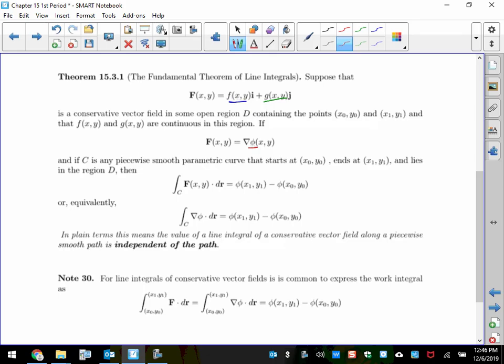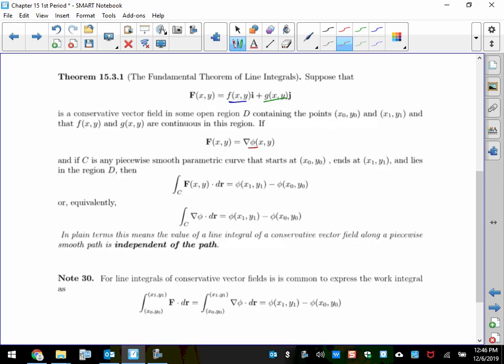So we've got phi as the potential function whose gradient is our field, and some curve that's piecewise smooth, C, and it starts at x0, y0 and ends at x1, y1, and it lies in some region D. So we just need that.